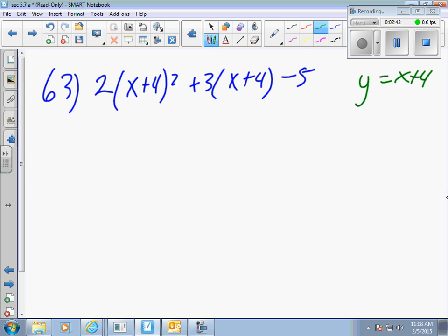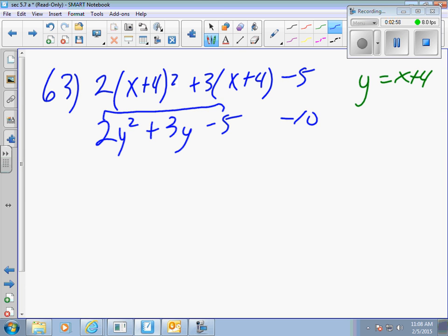And so then we have 2y squared plus 3y minus 5. Notice that I made these binomials into one thing so it looks like the pattern we're used to doing. So then we're going to multiply our AC like we have in the past. Factors of negative 10 that add up to 3 are 5 and negative 2. So I'm going to split my middle term into 5y and negative 2y.